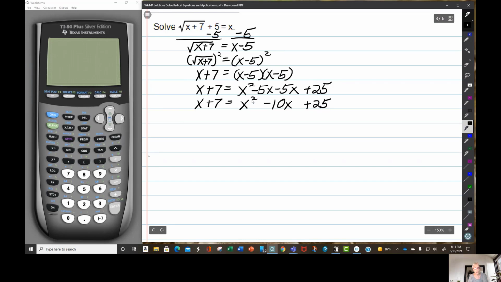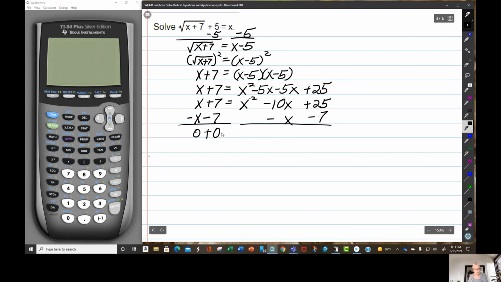This is a quadratic equation, so I set these guys to 0 and move them over here. Minus x, minus x, minus 7, minus 7. Here we'll have 0 plus 0.